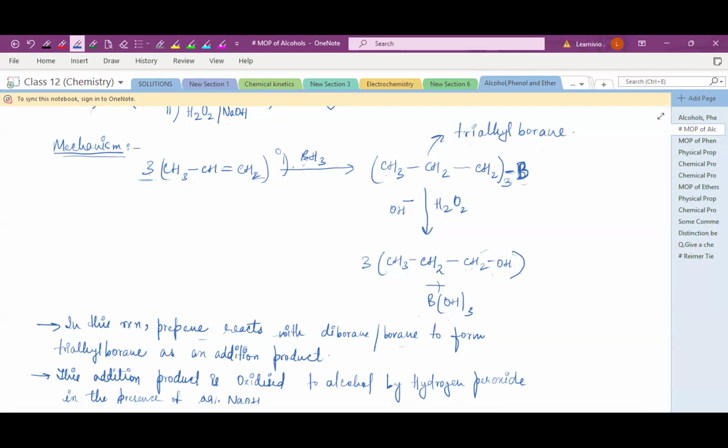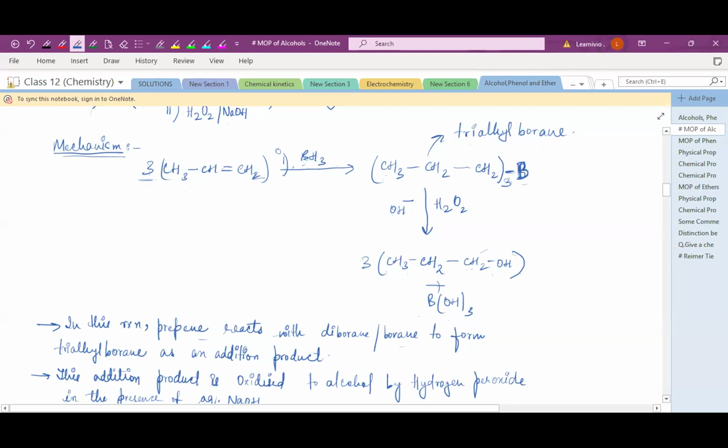See, when you get the trialkyl borane, after that, when you do the further oxidation in the presence of H2O2, hydrogen peroxide, what happens? This bond will break. This trialkyl borane will get converted into 3 moles of alcohol. Corresponding alcohol means the number of carbons should be the same. Only क्या होगा? The OH will get attached to this structure.